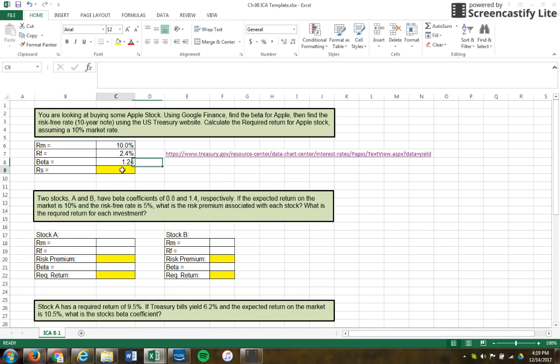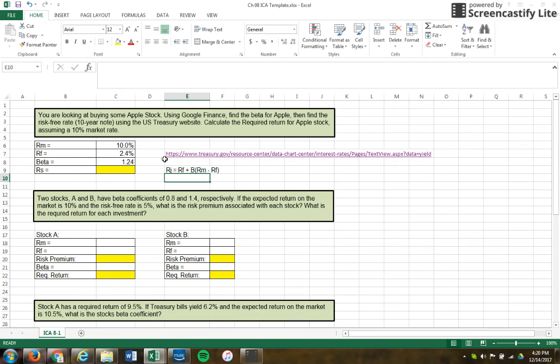Once we have that, we can plug it into our CAPM formula. Remember, the formula is the return on stock J is equal to the risk-free rate plus beta times the market rate minus the risk-free rate.